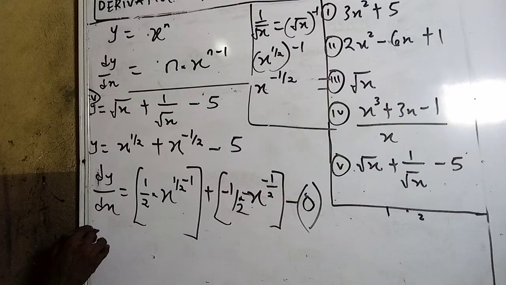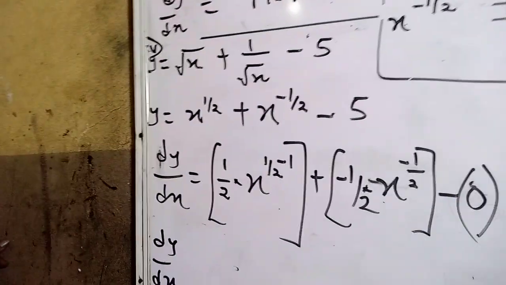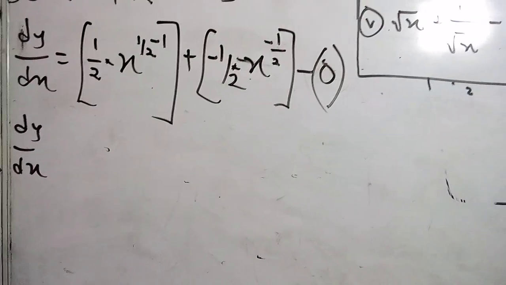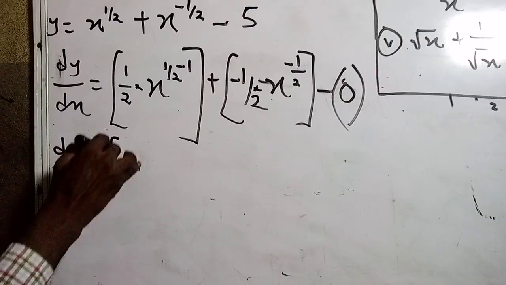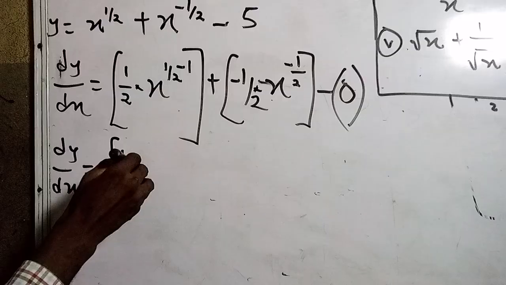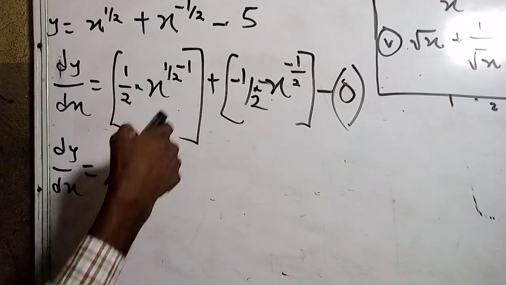So let's use an example. y and x. Let me come closer so you can see at this point here. This will be 1 over 2 times x. From here, let's just do 2 times 1, that's 2.